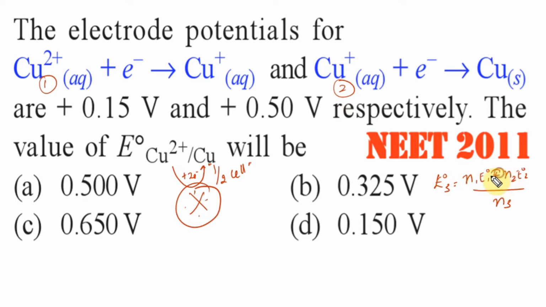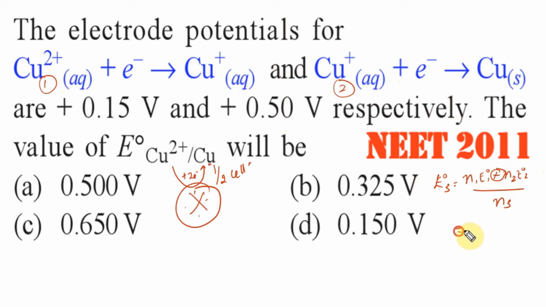So this sign depends on whether you are adding these two equations or you have to flip one of them. Again, flipping is not the right way, doing a minus is the right way. So this is not a formula that is set in stone. This symbol alone will keep changing depending on how the reaction is given. So if I add these two, everything cancels out to give you Cu2+ plus 2 electrons gives you this.